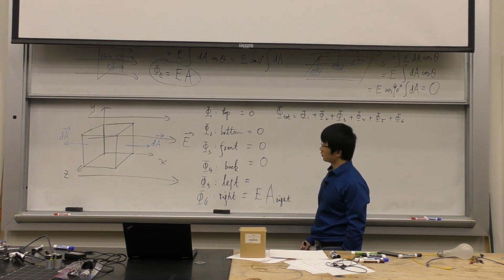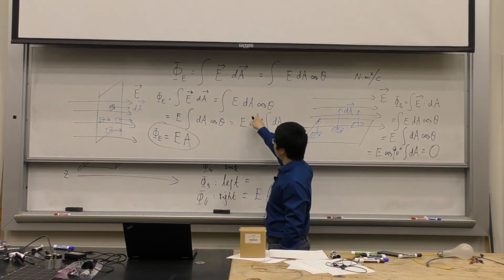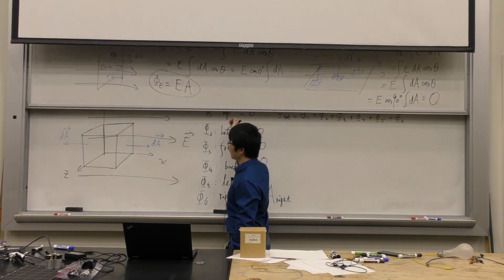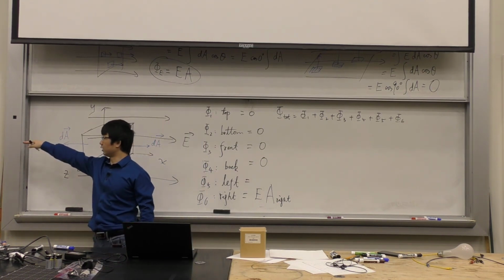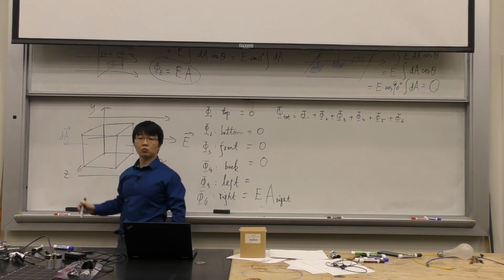Now what about the left surface? Well, you're going to repeat everything, but the angle you find is going to be the angle between this dA and the E. What is the angle between the dA and the E in this case? E is to the right, dA to the left, so you will have angle 180.